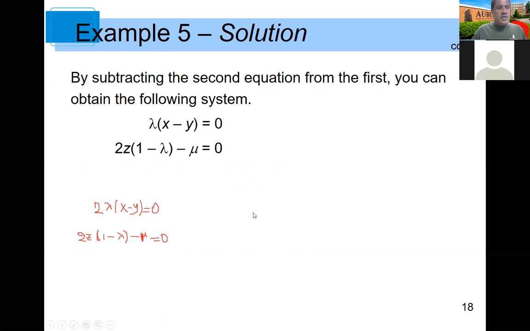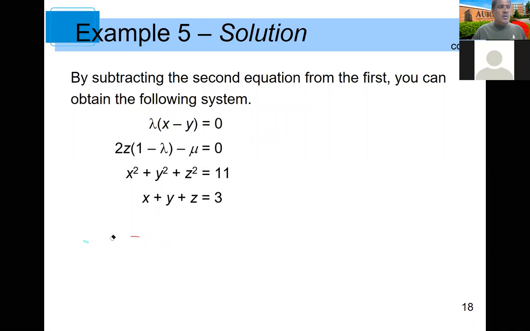And what else do we have? We have the two other equations. So now from the first equation, what we have is either lambda is equal to 0 or x minus y is equal to 0.